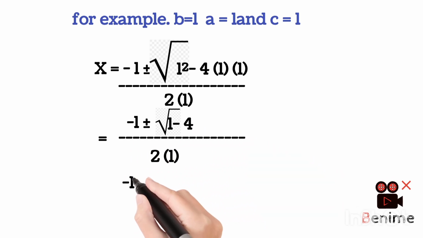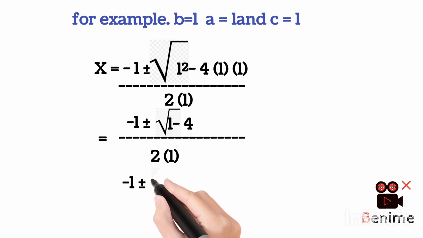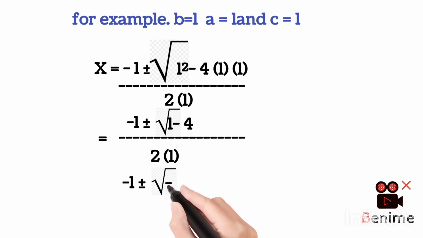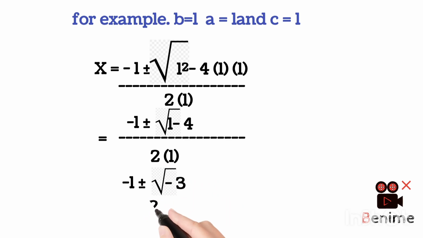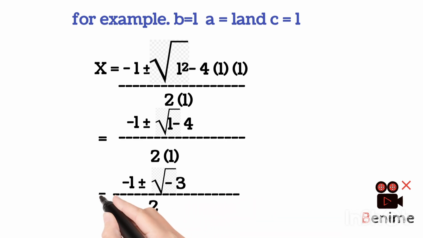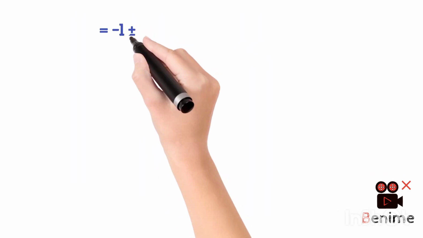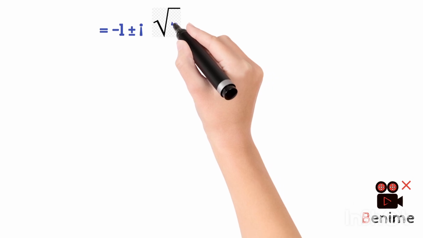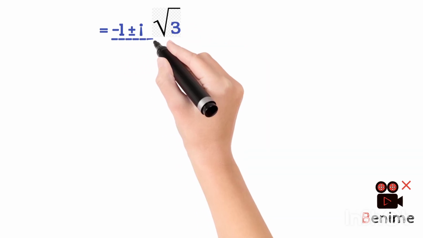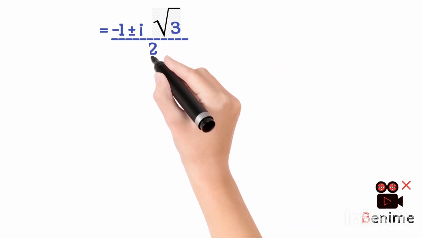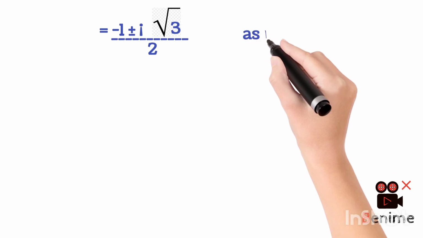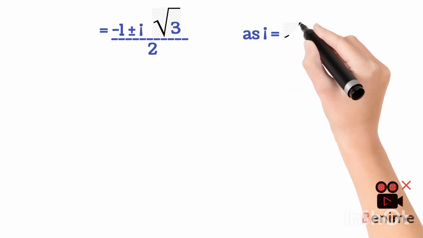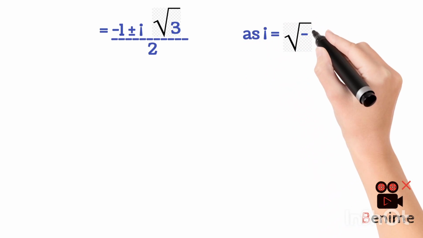On solving we get (-1 ± √-3) / 2. Here √-3 can be written as √-1 times √3, where √-1 is equal to iota. So writing the formula in modified form we get (-1 ± iota √3) / 2. So clearly we get imaginary numbers.